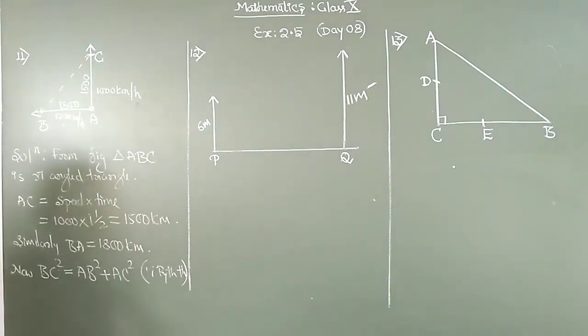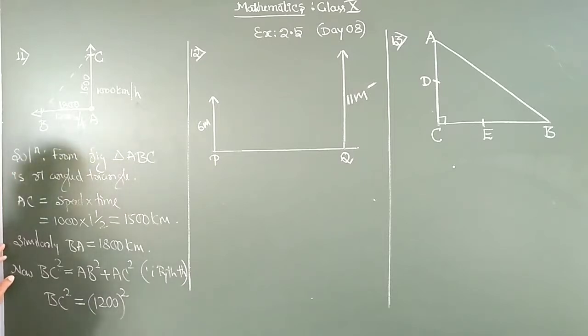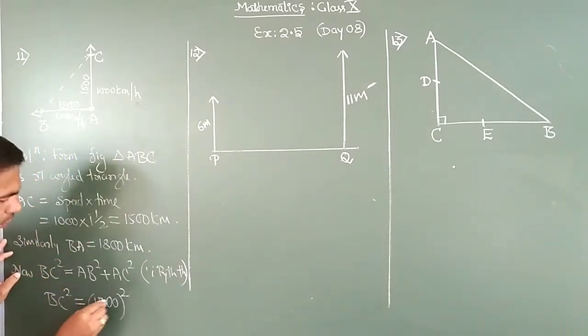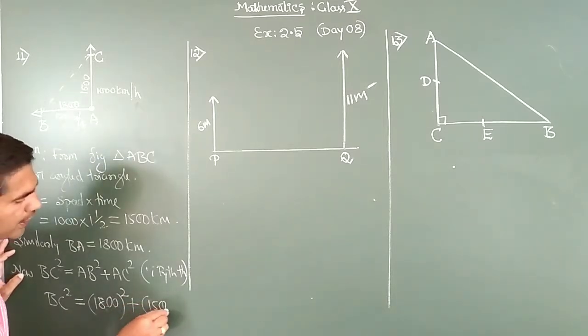Then for the values, BC square equal to AB square is 1800 whole square plus AC square is 1500 whole square.